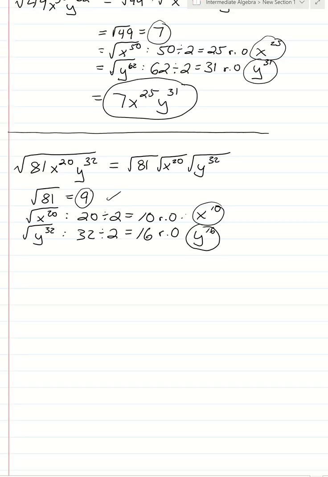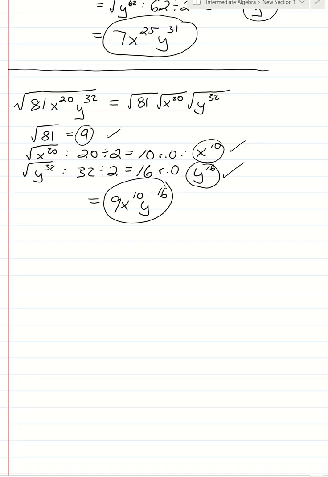We now take our 3 solutions and multiply them together, and we get 9 x to the 10th y to the 16th as our simplified radical. Those were all nice problems because they were all dealing with perfect squares.